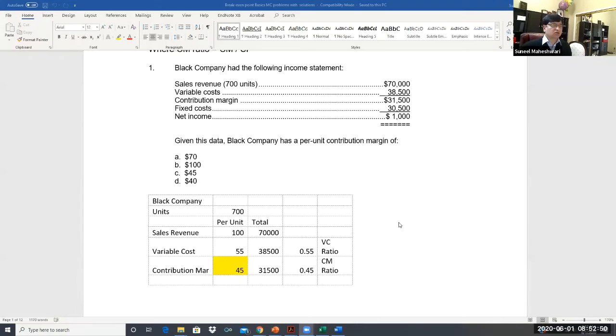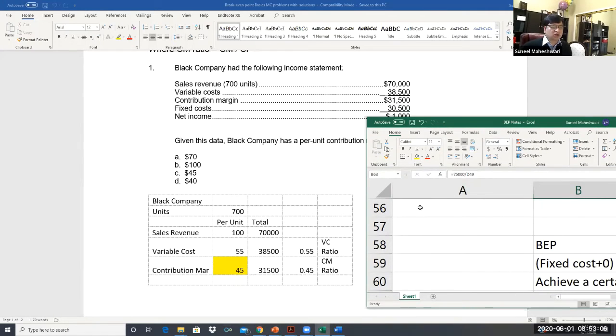You found the contribution margin, sales minus variable costs, and divide by the number of units, 700, that's it. Or you can just take this 31,500 divided by 700, that's about it you need to do. Means if you look at the answers, to compute the answers, you really don't need anything. You got 31,500. That's all you need to do.